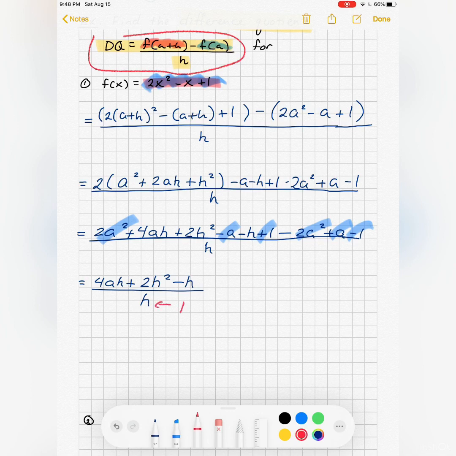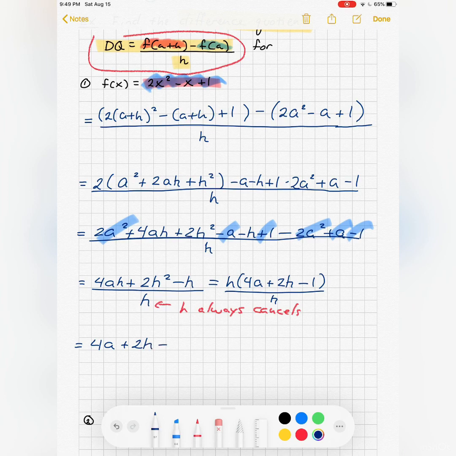What you'll notice with these difference quotient problems is that the h in the bottom always cancels. So what I can do is factor the h out in the numerator, and then I'm actually going to be able to cancel those h's, and there's my difference quotient.